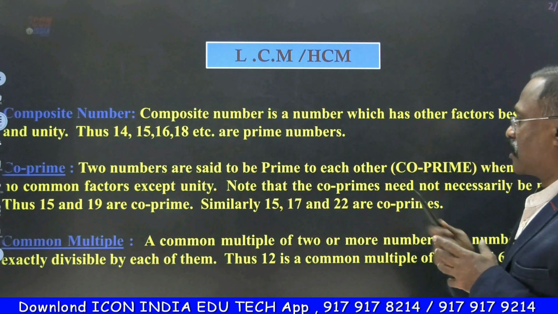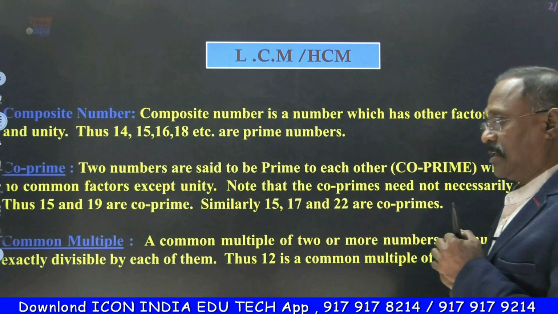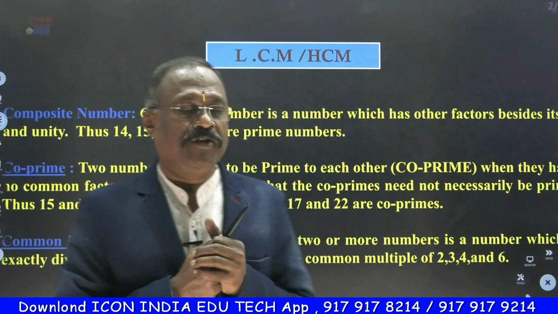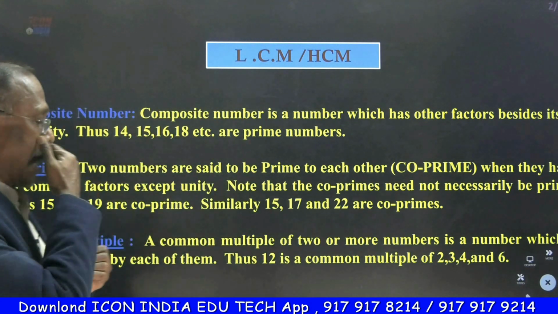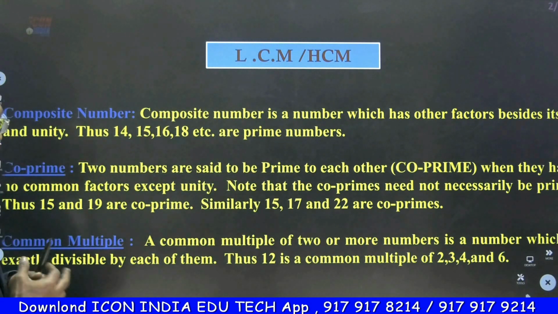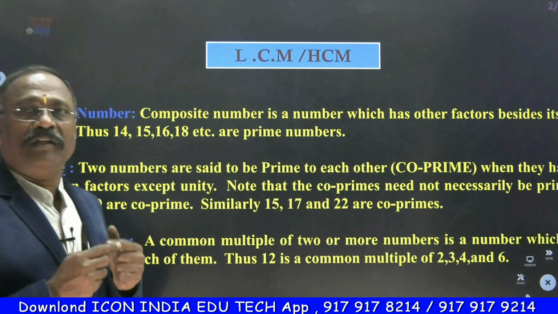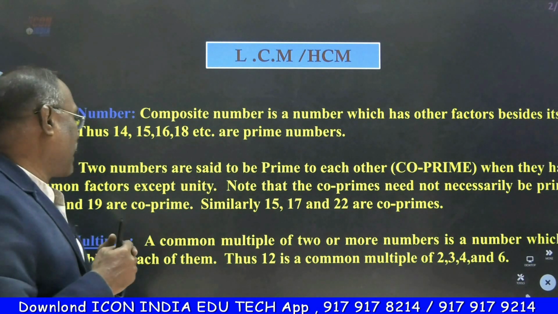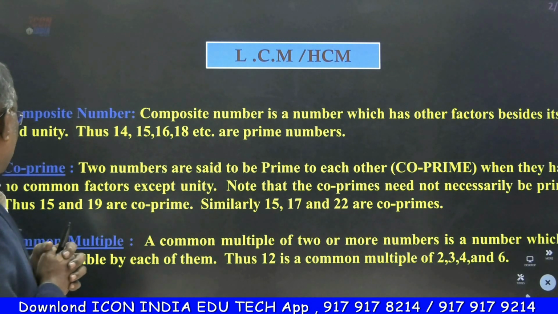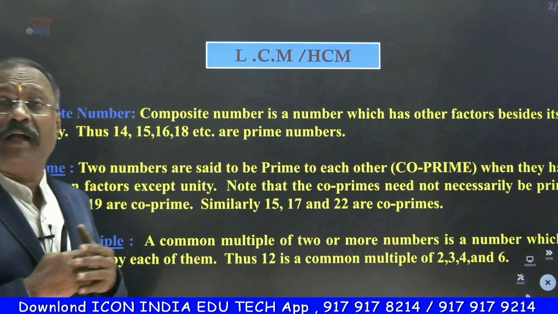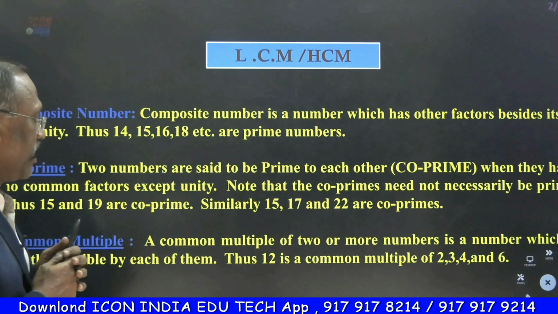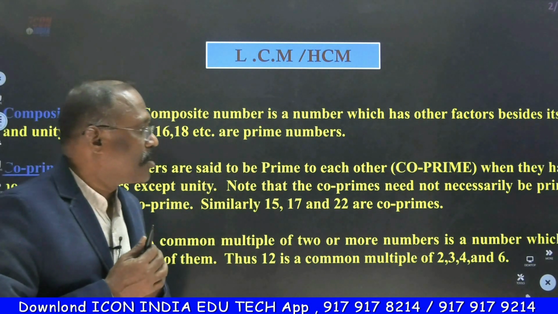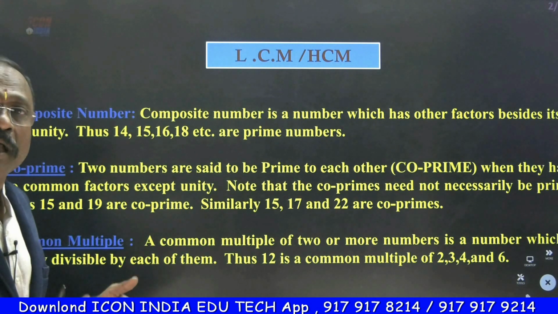Then very importantly, what are the co-prime numbers? Two numbers are said to be prime to each other, that is co-prime to each other, when they have no common factors except unity. What does it mean? Note that the co-primes need not necessarily be prime numbers.